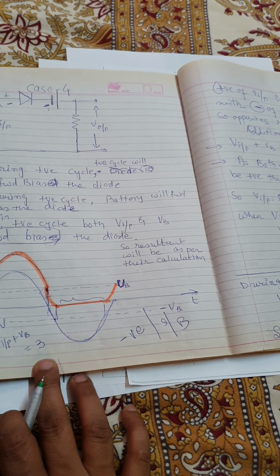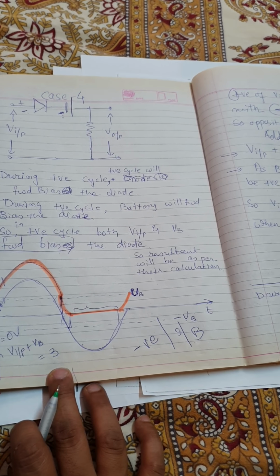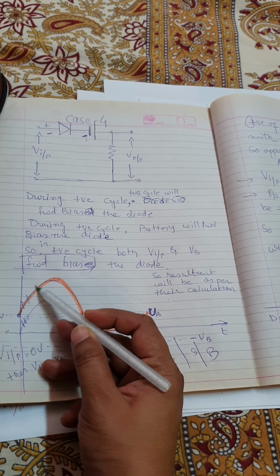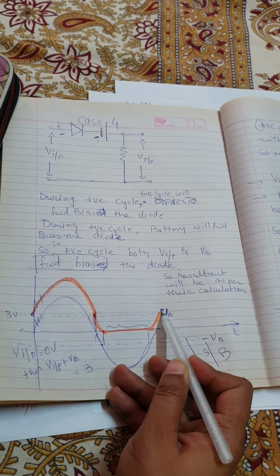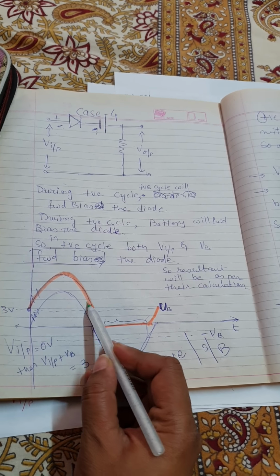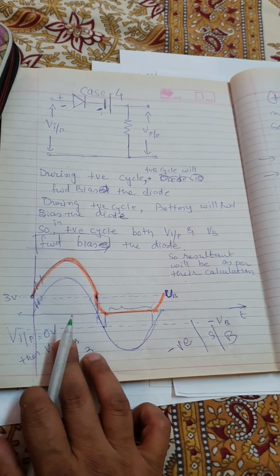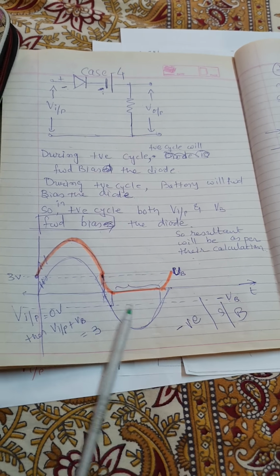Case 4 is the negative series biased clipper. Again, let's remember one important thing. The waveform has to be continuously existing. You should not have to lift your pen while you plot the output waveform; it is a hint for checking whether your output waveform is correct or not.